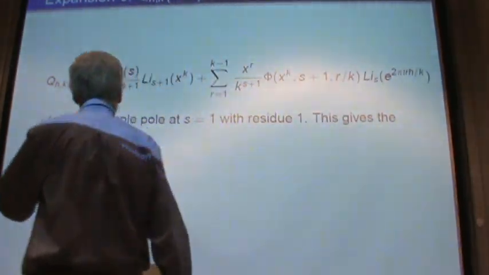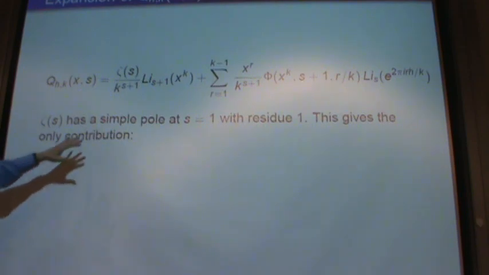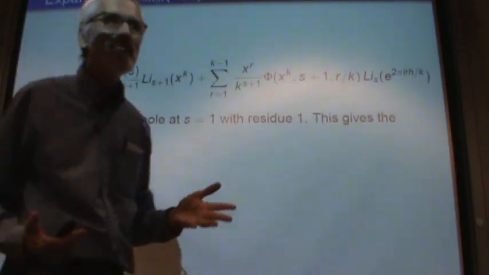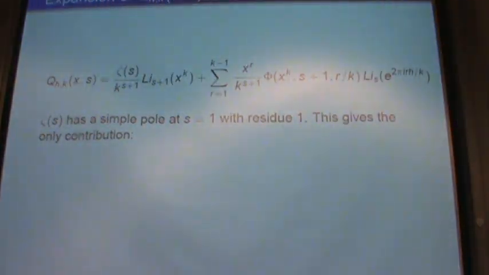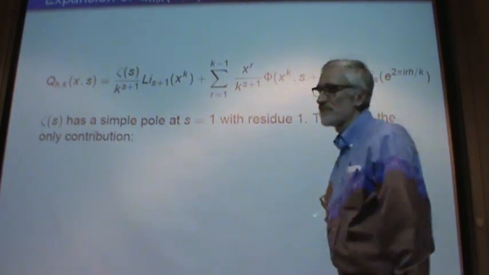So the only contribution to a pole at 0 is from the zeta function. We know that the Riemann zeta function has only a single pole in the complex plane, and it occurs at 1 and has residue 1. Okay, and this is all good stuff at 1.